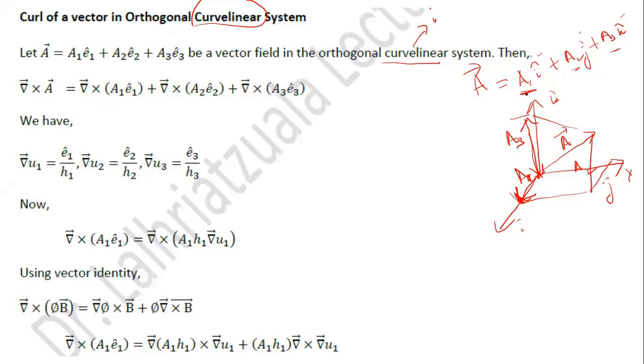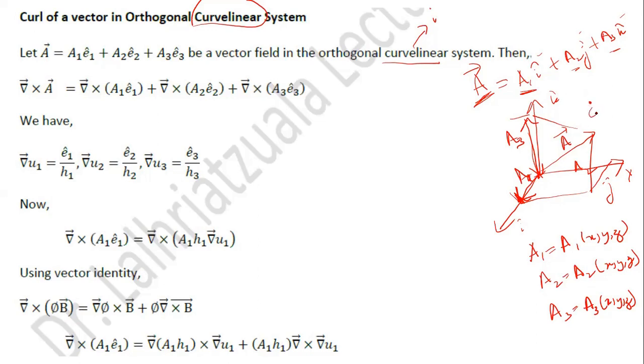But if this component A1 is a function of x, y, z, the coordinate variables, and A2 and A3 are also functions of x, y, z, then that means this vector is space dependent. A1 as a function of x, y, z means the value of this component changes from one location to another location in coordinates.